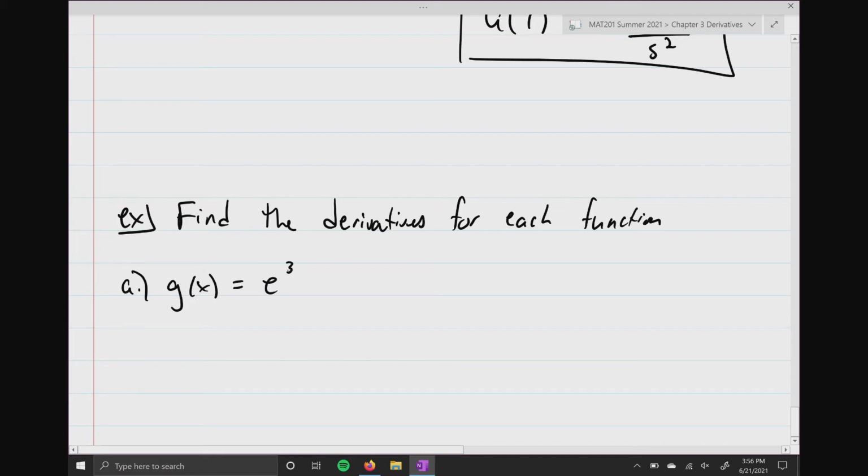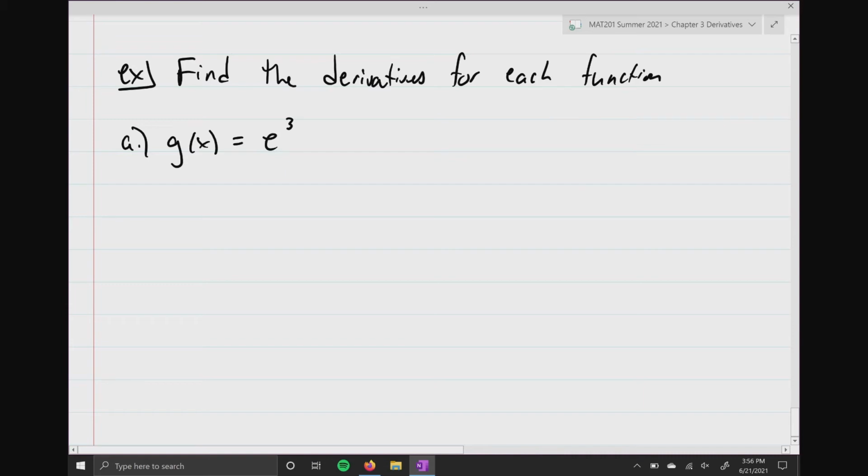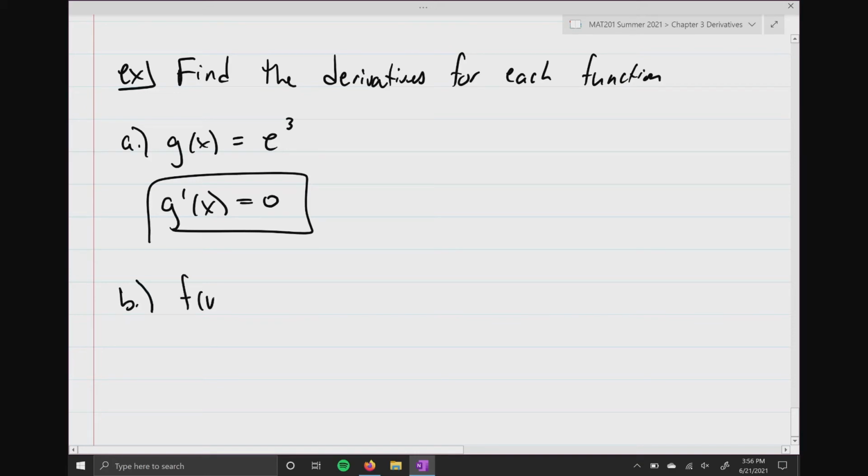All right, so the first one is g of x equals e to the third. Well, you got to remember, e to the third is a constant. It's a number. It's just 2.718 raised to the third power. So the derivative is 0. Next one. How about f of v equals v to the 100 plus e to the v plus 10.